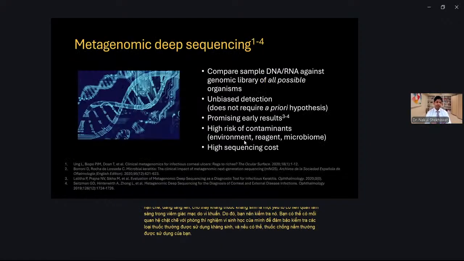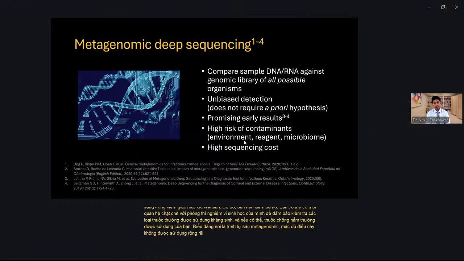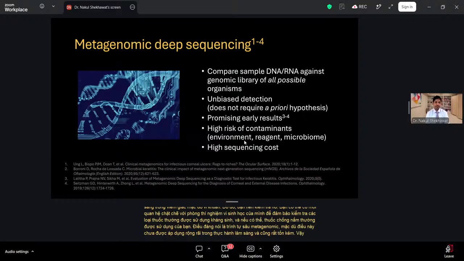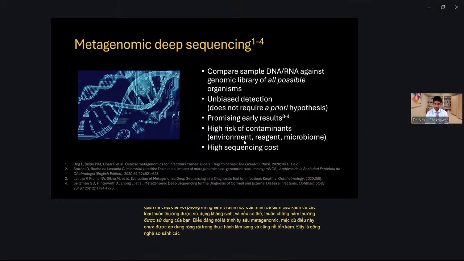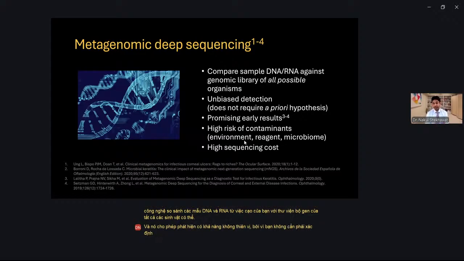It's worth mentioning metagenomic deep sequencing, although this is not widely available in clinical practice yet, and it's also very expensive. So this is a technology that compares the sample's DNA and RNA from your scraping against a genomic library of all possible organisms. And it does allow potentially unbiased detection because you don't have to specify which microbe you're testing for with an a priori hypothesis like you do with singleplex PCR.